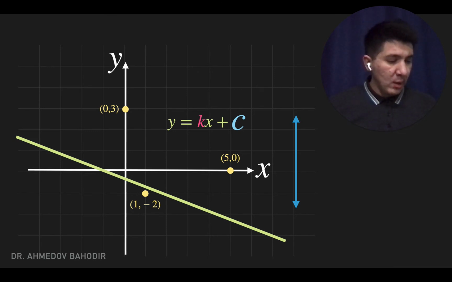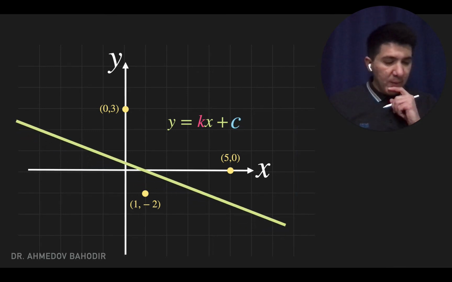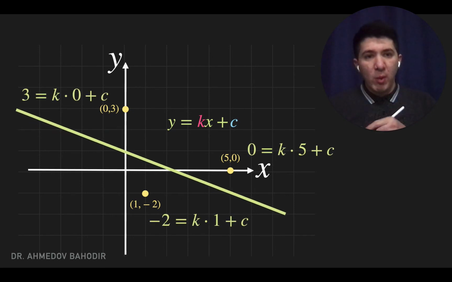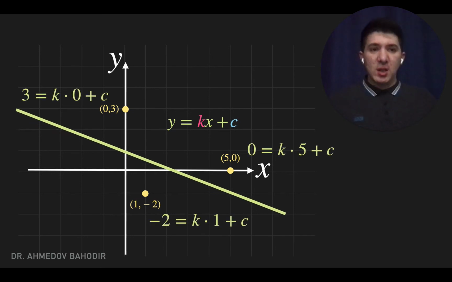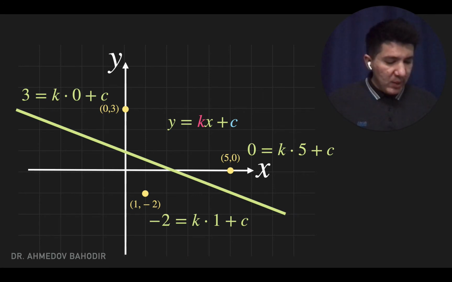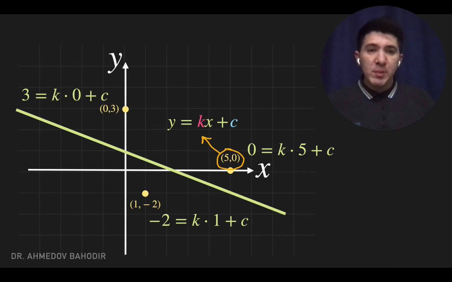Okay. So from the linear algebra perspective, what we want is we would assume that all of the 3 points are on this line, where the equation of this line is y equals kx plus c. If you assume that all of these points are on this line, it means that if I substitute the coordinates of this point into here, it should be satisfied, and I need to get this equation, right?